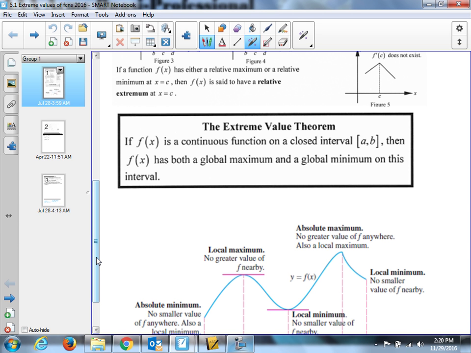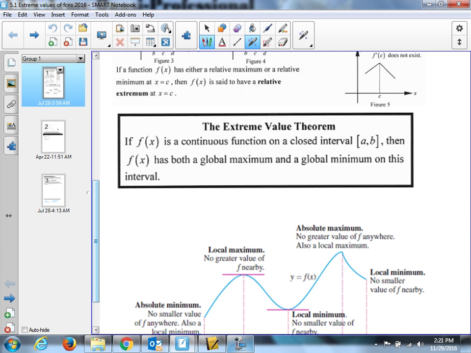So, following that, what about this? The extreme value theorem. If f is a continuous function, so no breaks, on a closed interval that includes, say, 3 to 7, inclusive, a to b, then the function f of x has both a maximum and minimum that's global, meaning the highest ever or the lowest ever.